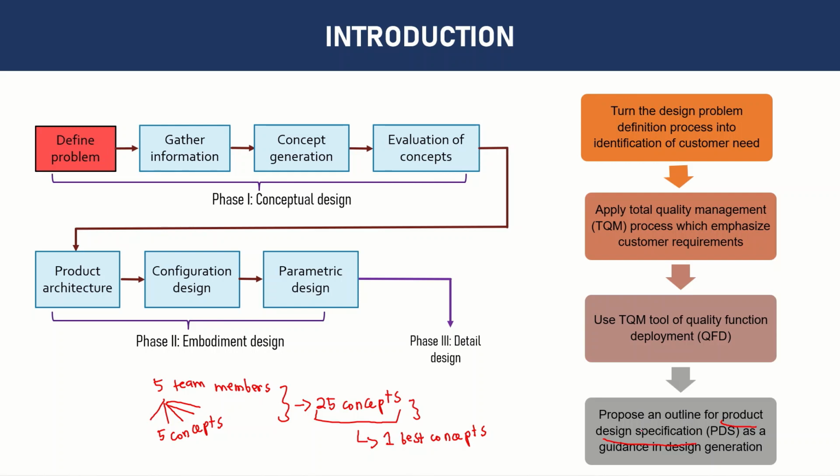This PDS will be revised again in the detailed design, so that we can come out with the revised version of the PDS, because we may make some modification of that specification during the embodiment design phase.